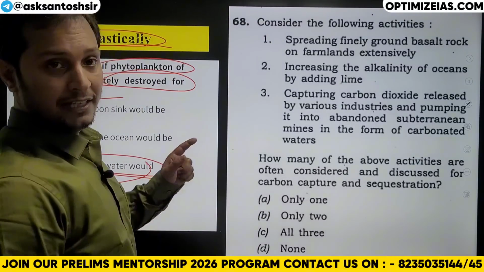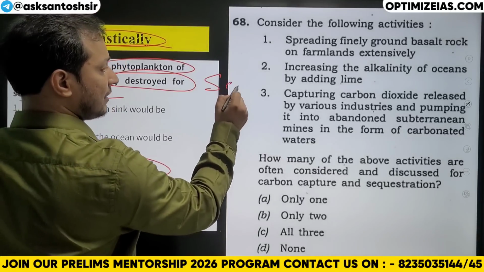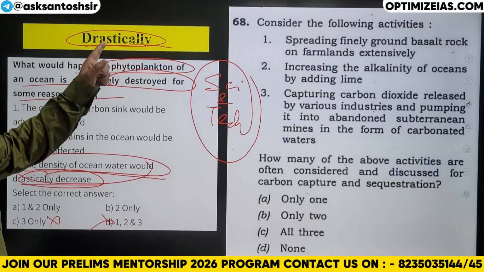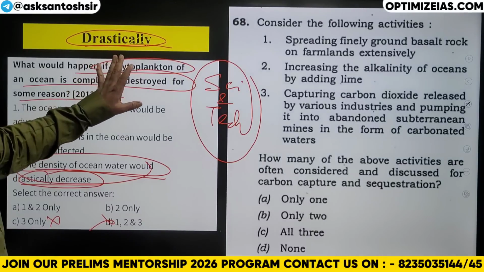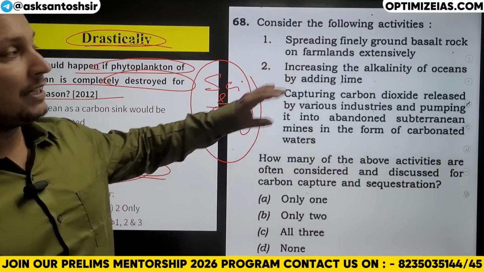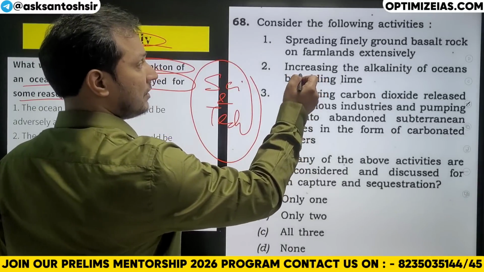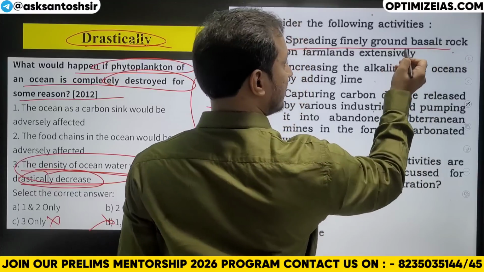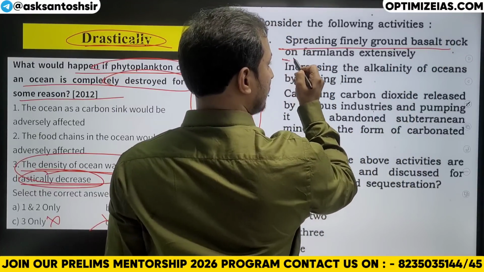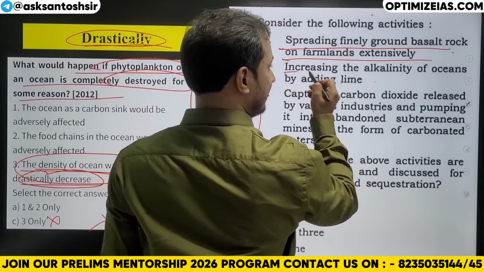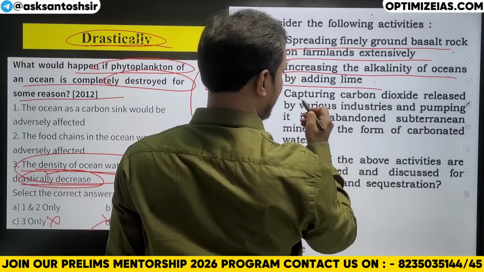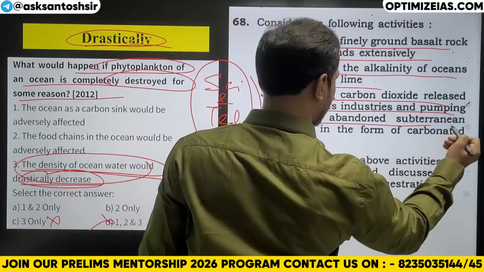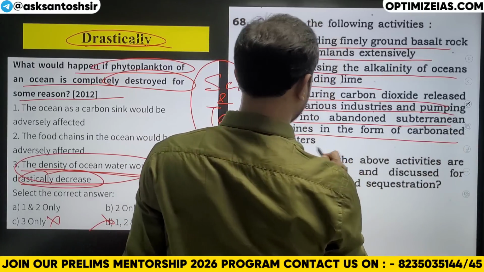But here, in a science and tech question, again I am saying in science and tech, drastically in economy will be incorrect. But in science and tech, consider the following statement: spreading finely ground basalt on farmlands extensively, increasing the alkalinity of ocean by adding lime, capturing carbon dioxide released by various industries and pumping into abandoned subterranean mines in the form of carbonated waters.